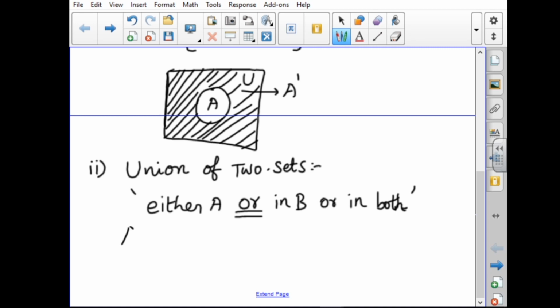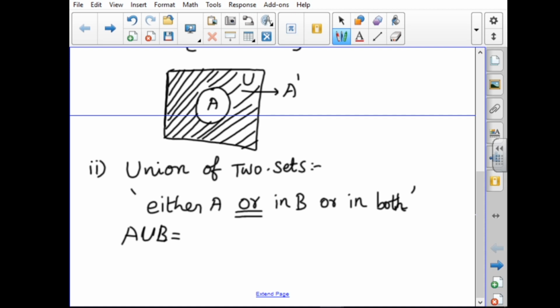In symbol, this is the symbol of union. This is A union B. A union B means you have to join the two sets. If elements are repeated, you have to write only one time.